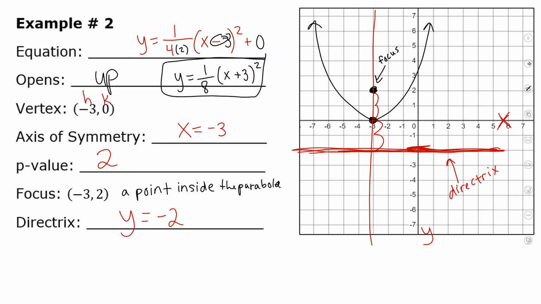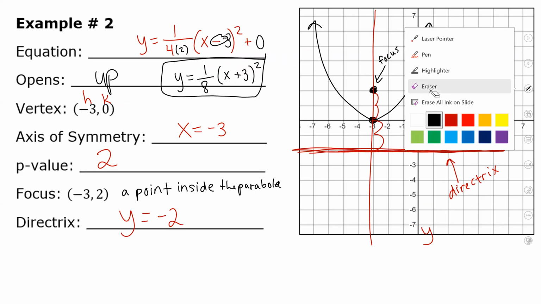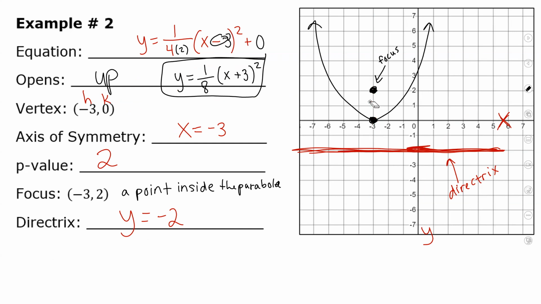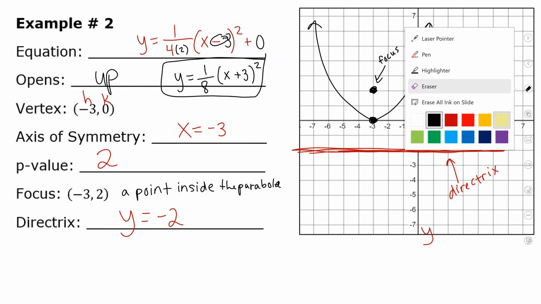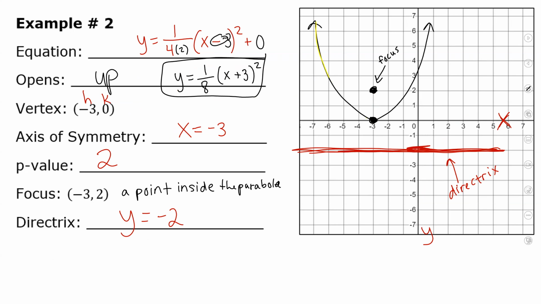If we go back to example 2, the range, the very bottom, this is my parabola. Let me highlight it. This is my parabola. The very bottom is right here at 0. So that means my range is 0 to infinity.